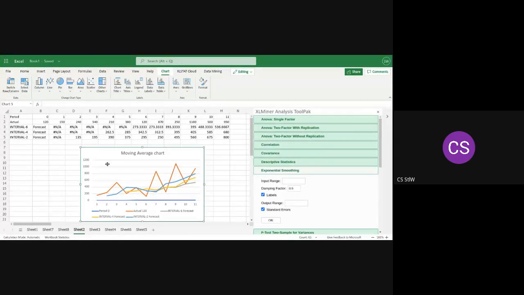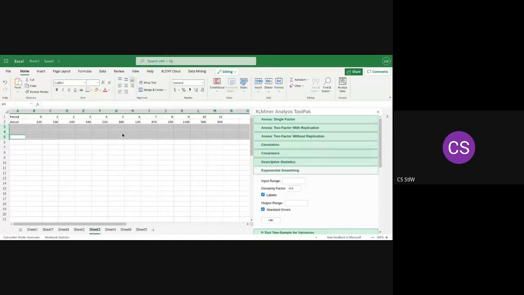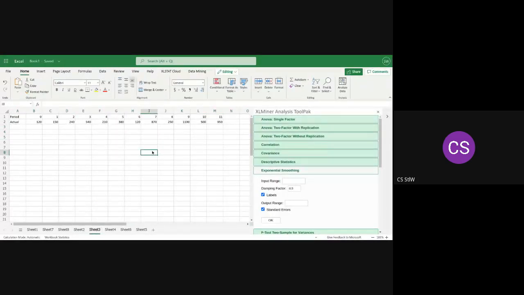Okay, so we are looking at now exponential smoothing. Exponential smoothing, like I've said, is just the same thing as the moving average. It is used to smooth out the irregularities, that is the peaks and the valleys, and easily recognize the trends.